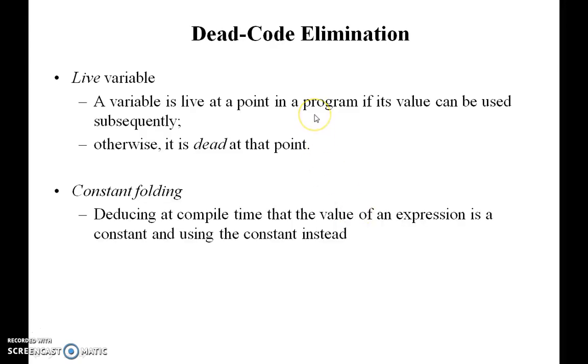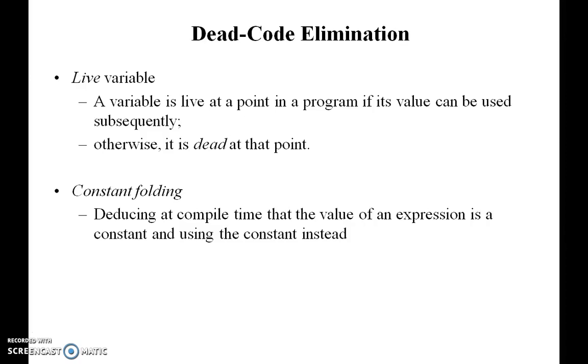Then the next factor is dead code elimination. What is dead code? Dead code means some of the code we may write inside the program, but we will not use that particular code anywhere else inside the program. It is simply present inside the program with no use.